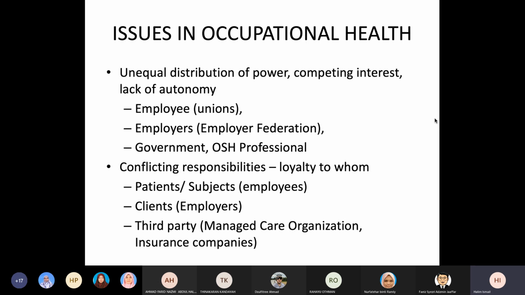And then in terms of lack of autonomy, that's more towards the employees versus the employer. So they don't really hold any autonomy in certain workplaces. Okay.